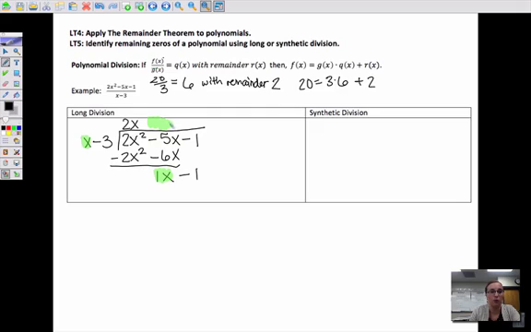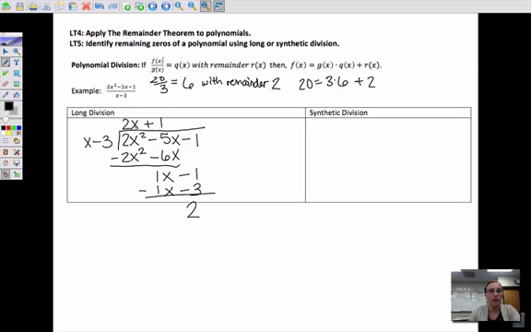So obviously 1, right? So I'm going to do plus 1, and I'm going to multiply that by x minus 3. So 1 times x is 1x. 1 times minus 3 is minus 3. Then I'm going to subtract these. 1x minus 1x goes away. Negative 1 minus negative 3 equals positive 2.